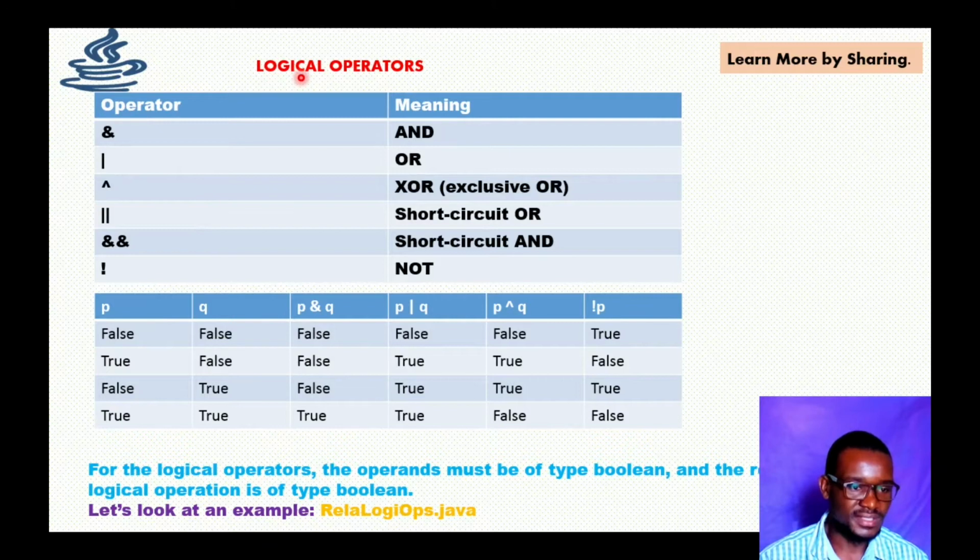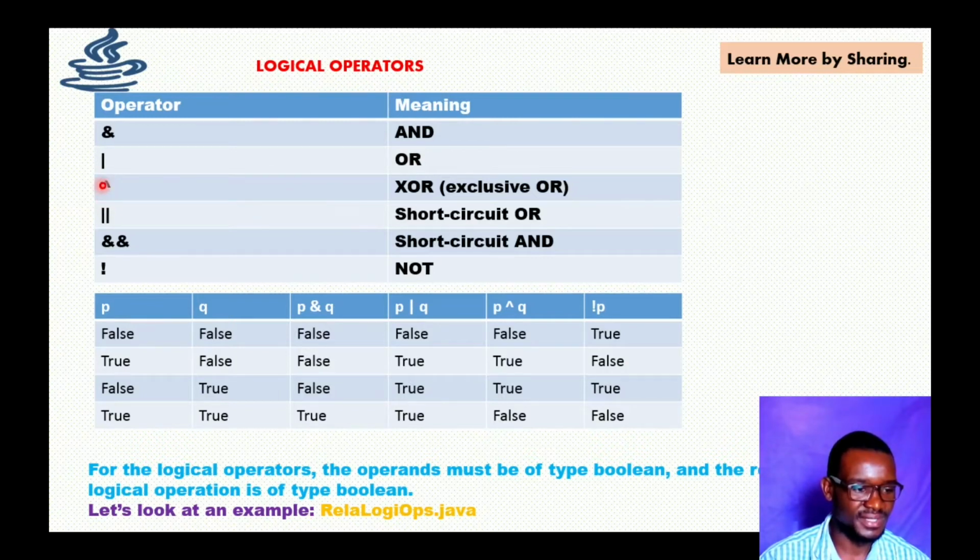The table here is showing us the logical operators. We have the normal AND, the operator AND, and we have the pipe, the meaning is OR.